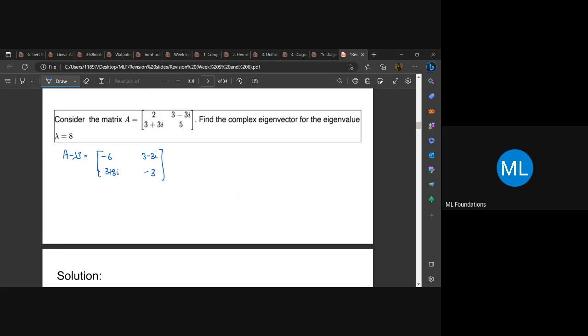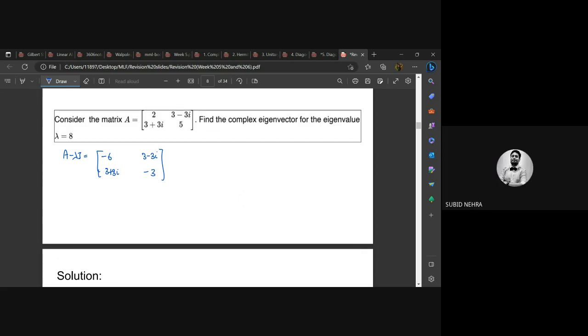Now, if you solve this, sorry, the lambda 1 plus lambda 2, wouldn't it be 8? Because the sum of the diagonals is the sum of the eigenvalues.